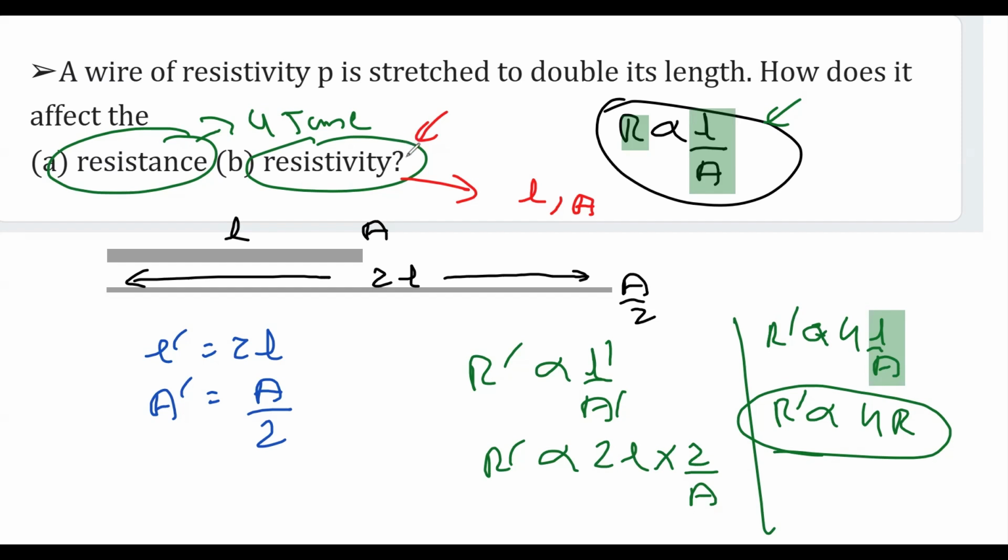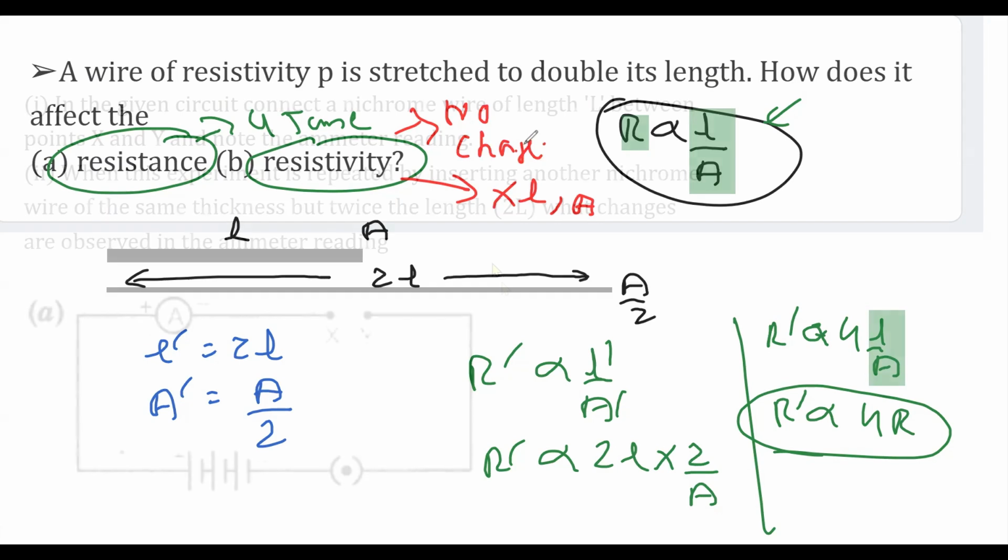The resistivity will not change. One last time, the resistivity of the conductor depends upon the nature of the material. If I take copper, it has a fixed resistivity. If it is aluminum, it has a fixed resistivity, and so on for other metals. As you can figure out, the wire material is not changed. So we'll say that no change will take place in this case.